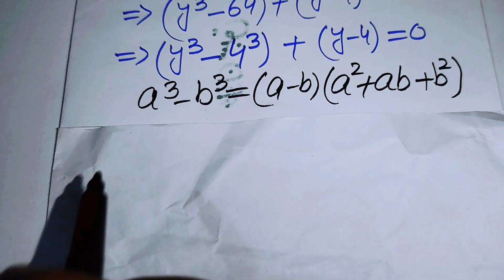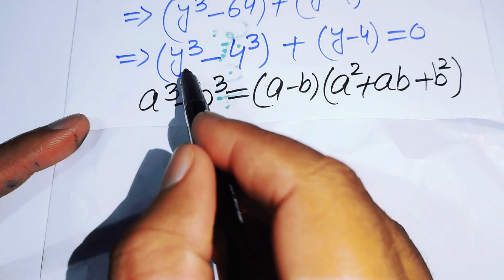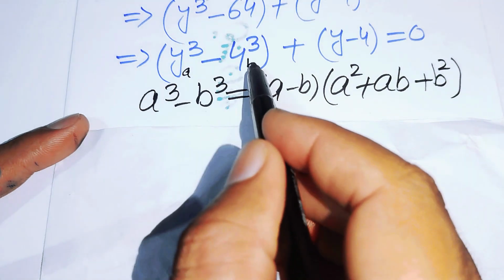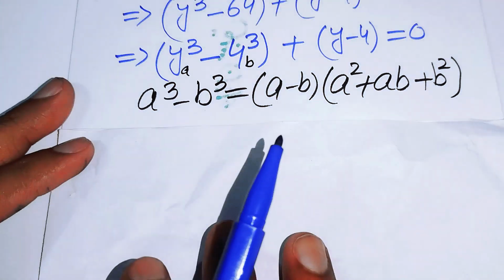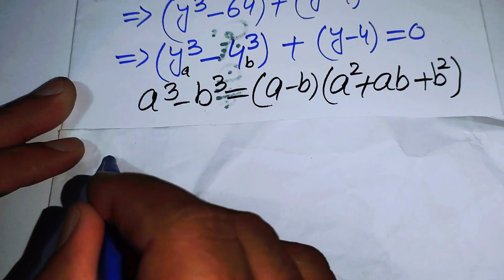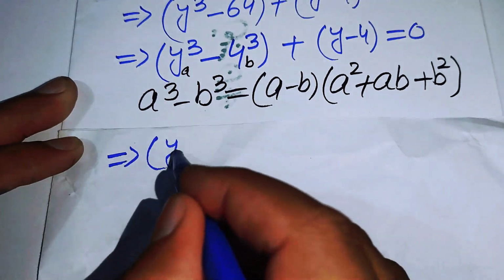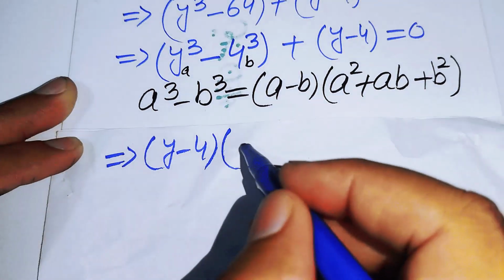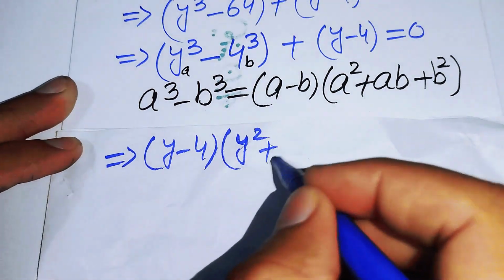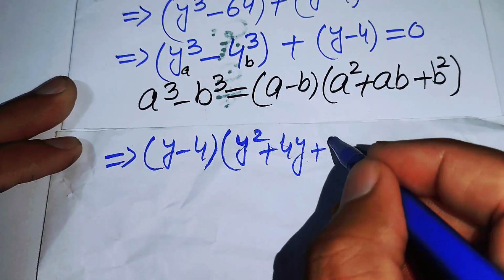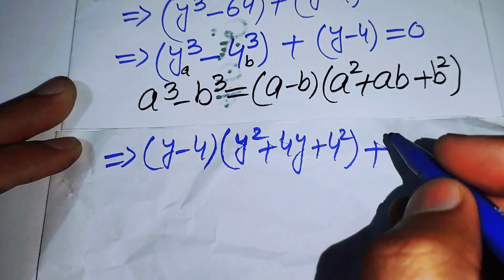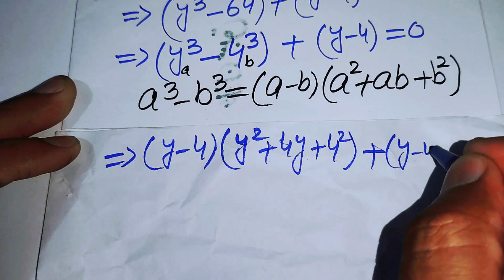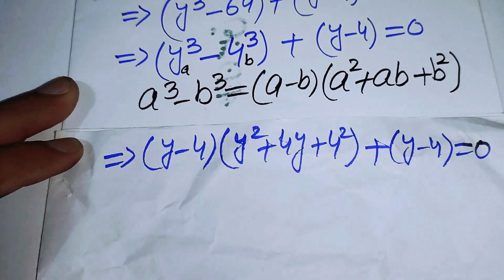So now you can just put here the value of a, which is y, and the value of b, which is 4, in this cubic formula, and you will get the output in the form of y minus 4 times y squared plus 4y plus 4 squared, and here you have plus y minus 4, we will write as it is, is equal to 0.